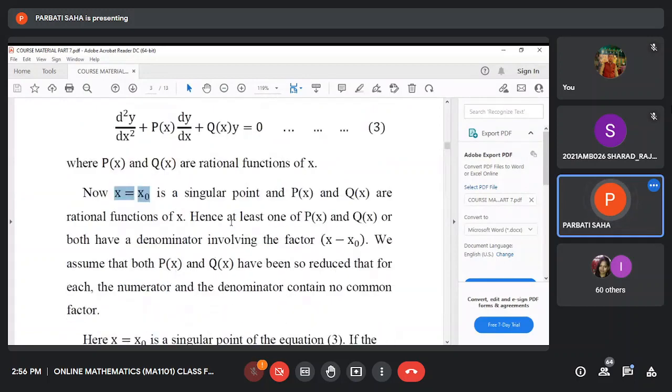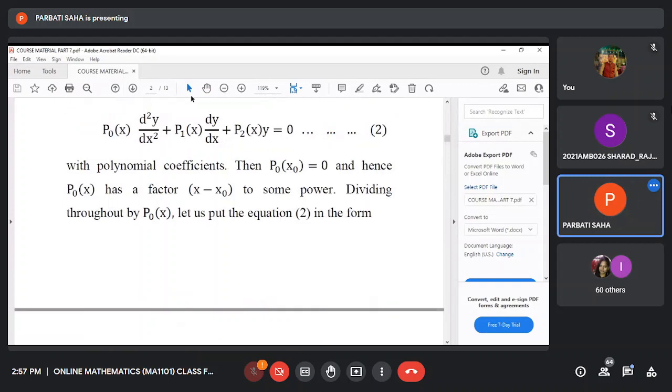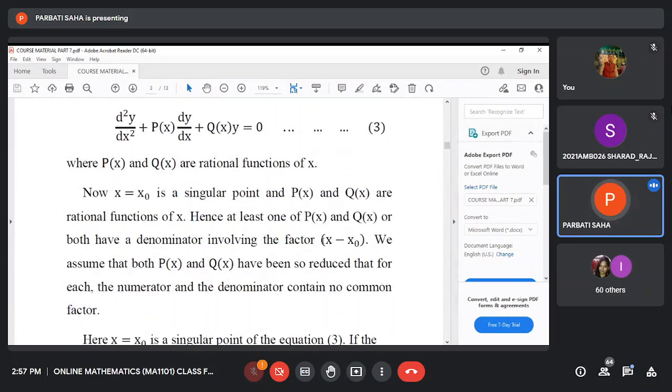So at least one of p(x) and q(x), or both, have a denominator involving the factor x minus x0.